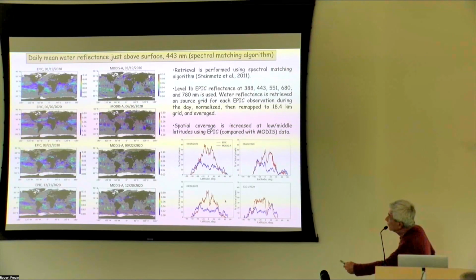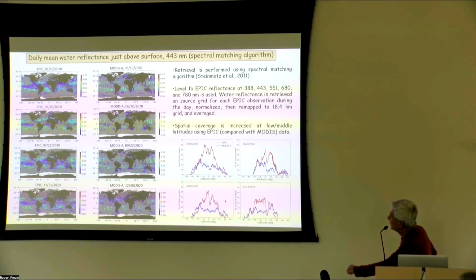But the values are similar, so these are very comparable products in terms of values. In terms of spatial coverage, the plots on the right show, for these 4 different days, the percent of the total pixels for which there is a retrieval. In red, you have the EPIC pixels that are retrieved.